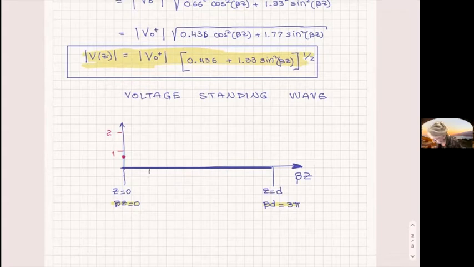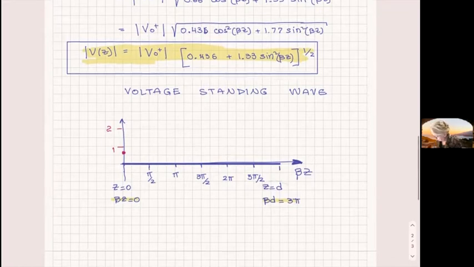Pi over 2 here, pi here, and then it's 3 pi over 2, and it's 2 pi, and then it's 5 pi over 2, and then I will extend this one a little bit. So this one here, it's pi. All right, that's better.